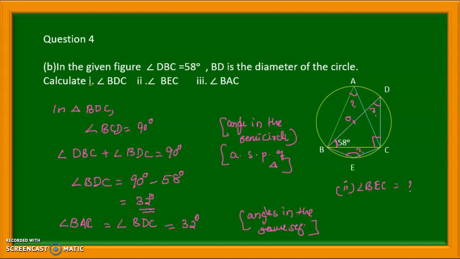So we can write that as angle BEC plus angle BAC is equal to 180. Reason we can write here, which one? Opposite angles of cyclic quadrilateral are supplementary. That's why we are writing here.